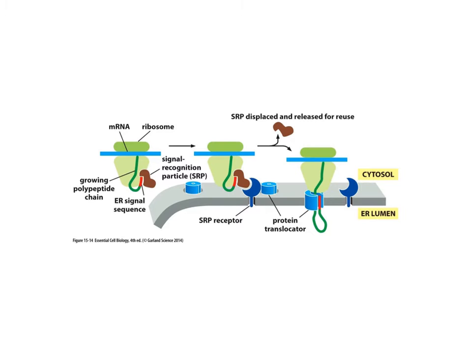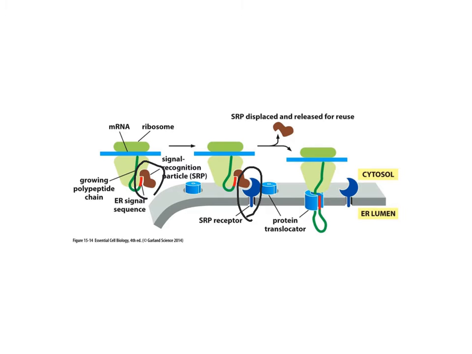Now there are 2 protein components that guide the signal sequence. One is the signal recognition particle right here. That's in the cytosol. It binds to the ribosome and to the signal sequence. And then in the ER membrane, there's this signal recognition receptor, the SRP receptor.